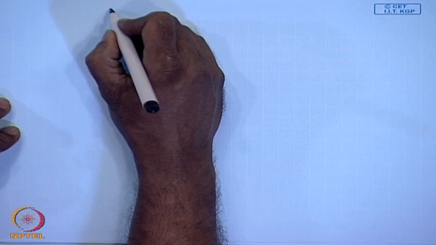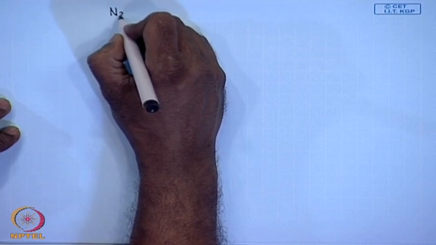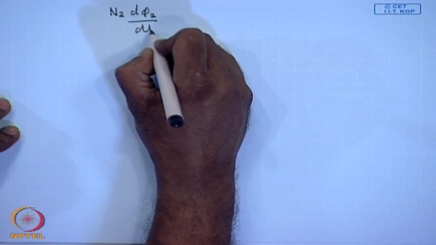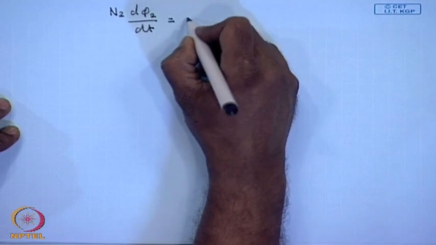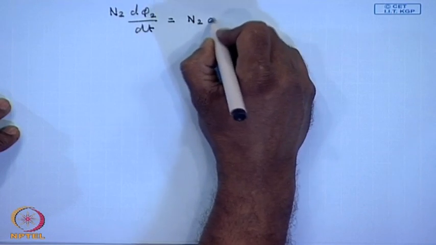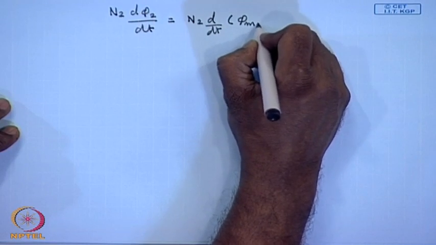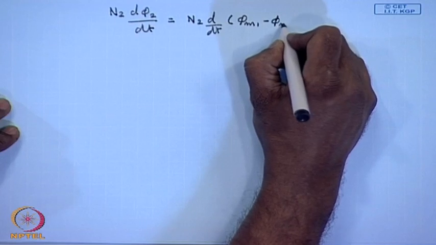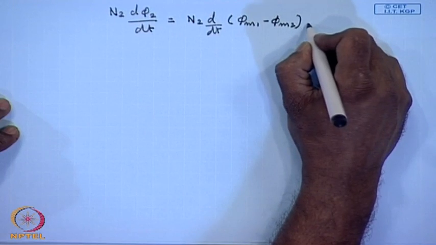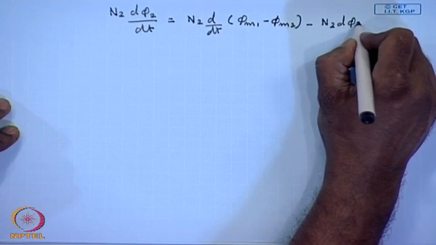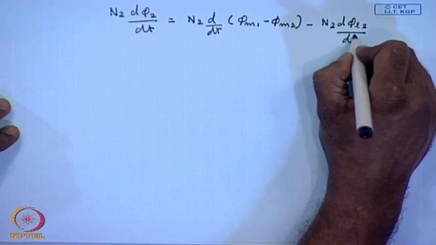Similar equation can be written for the other coil, N2 d phi 2 dt equal to N2 d dt of phi M1 minus phi M2 minus N2 d phi L2 dt.